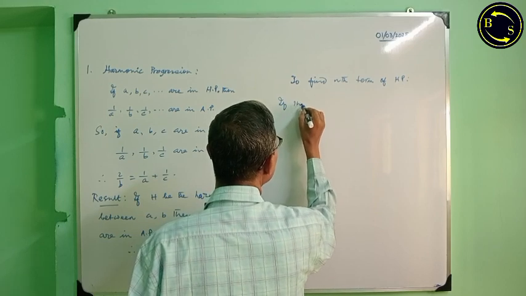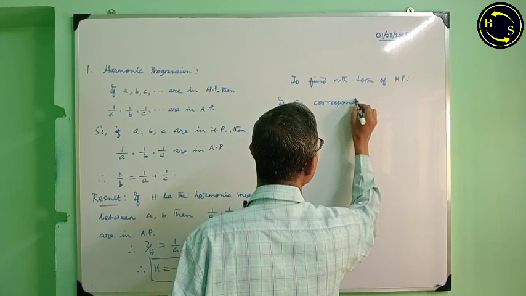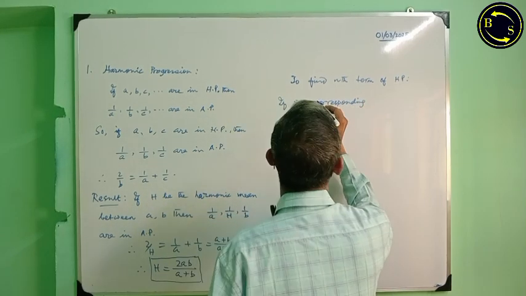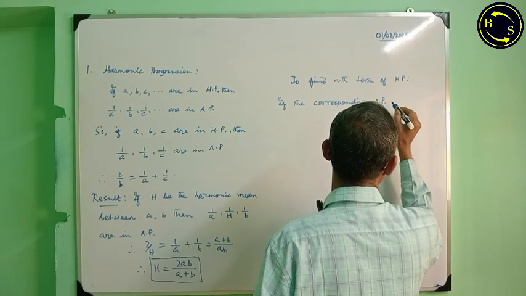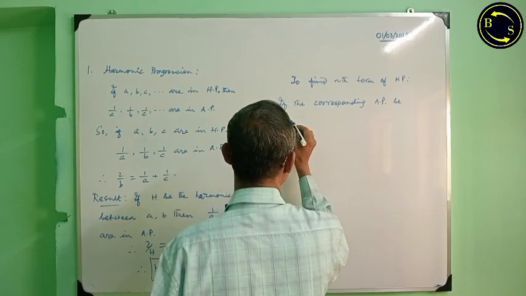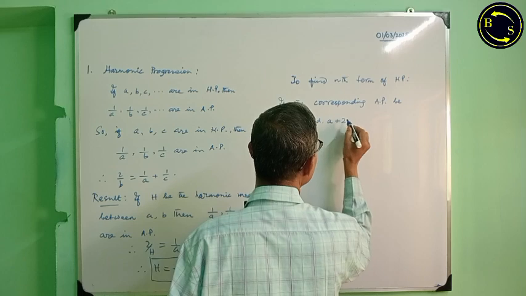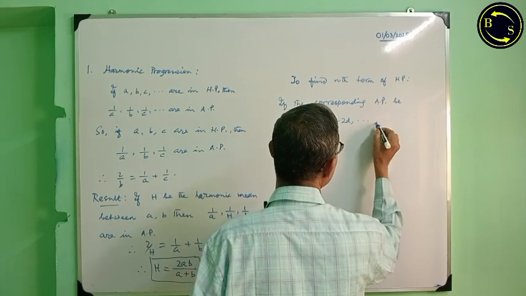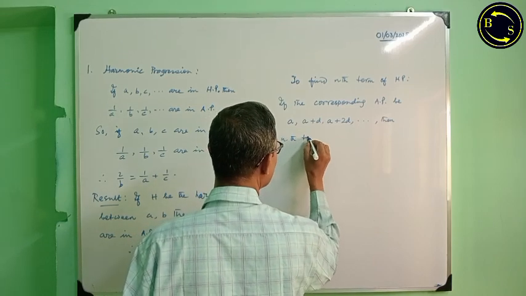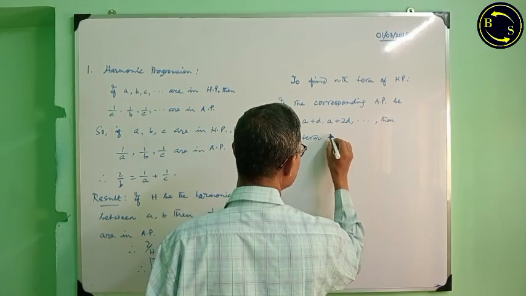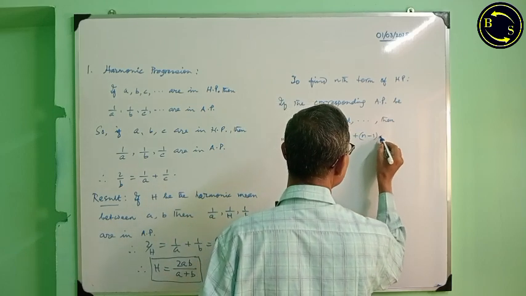If the corresponding AP is A, A plus D, A plus 2D, then the nth term is A plus n minus 1 whole into D.